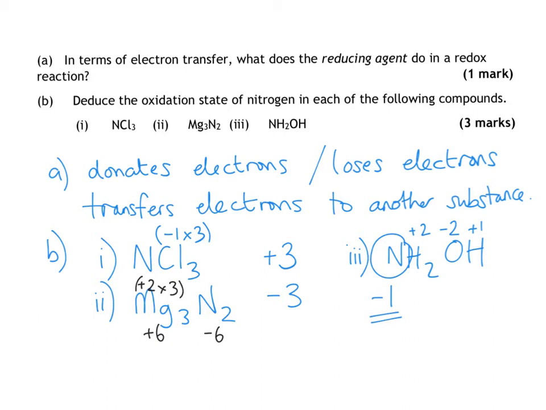And so nitrogen can take a range of different oxidation numbers. The most positive it can be is probably going to be +5, and the most negative it can be is -3. But there's a whole range of different things, as you can see. If you bond to hydrogen and oxygen, you can get a variety of different oxidation numbers.